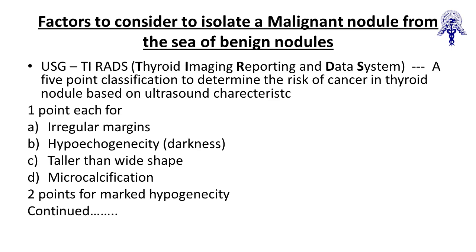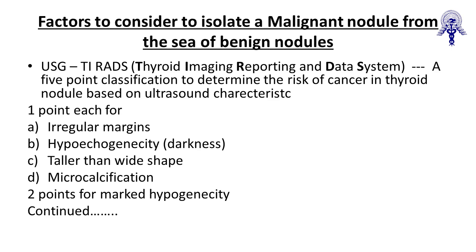And it is to pick up the malignant ones, and the features in the malignant ones are these 4 points that we have to remember. The nodule will have an irregular margin, the nodule will be hypoechogenic. That means it will not reflect the ultrasound waves, it will pass through it, and we get a dark nodule, or even the nodule may not be evident in the ultrasonic plate.